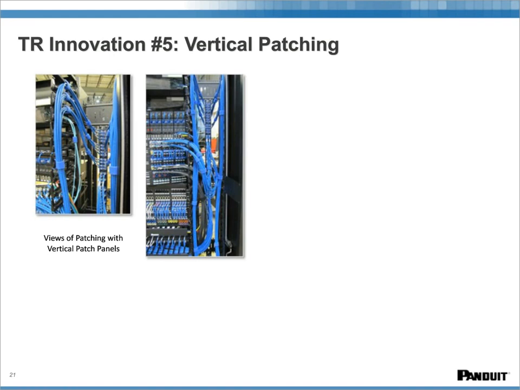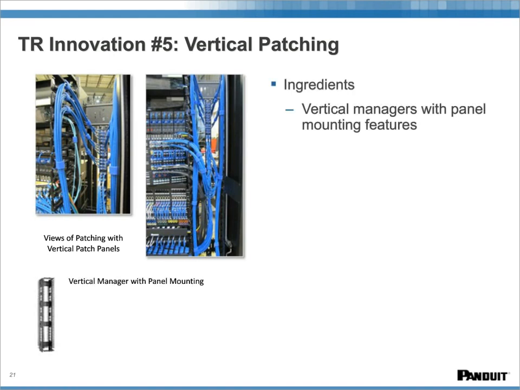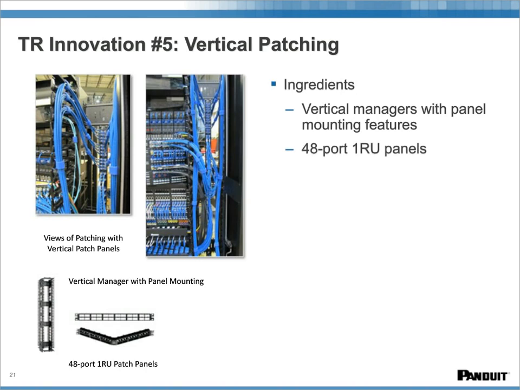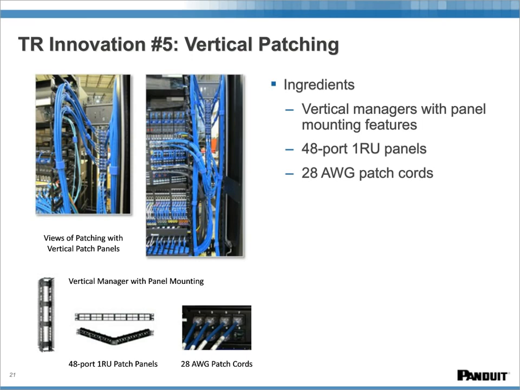The ingredients we have here are vertical managers with panel mounting features to mount the panels vertically. We certainly want to be using those 48-port 1RU panels, and we also want to be using those 28-gauge patch cords, which are used in the illustrations that you see, because we want maximum flexibility, maximum density of the cabling, and ability to dress it, since we're going in this vertical orientation.